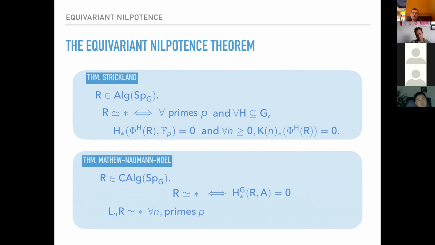And then the symmetric monoidal properties are very nice here. So again, we can check whether or not something is contractible by checking whether or not the homology of R with coefficients in the rational Burnside Mackey functor is 0. This is even easier because now the structure of rational Mackey functors is very simple, or semi-simple.